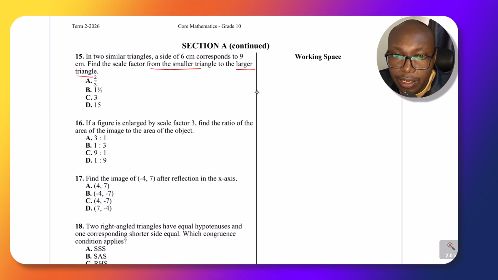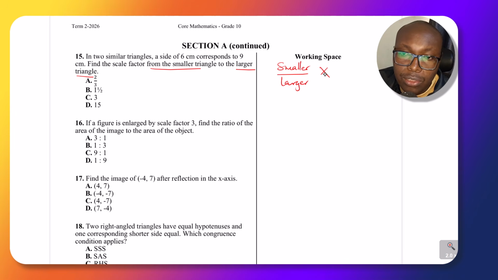Most of the learners would make a mistake by getting that ratio by making the smaller length to be at the top, and then the larger to be at the bottom. That would be wrong in this case. But if the question had asked, find the scale factor from the larger to the smaller, we would have used these.